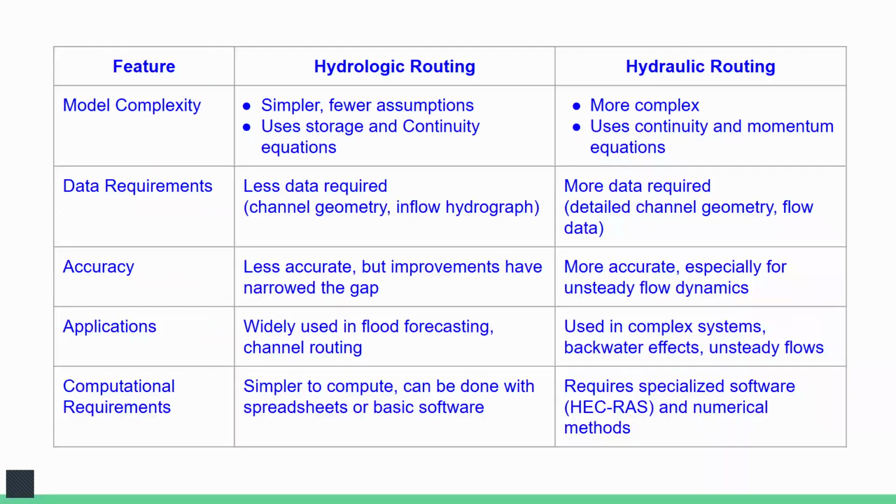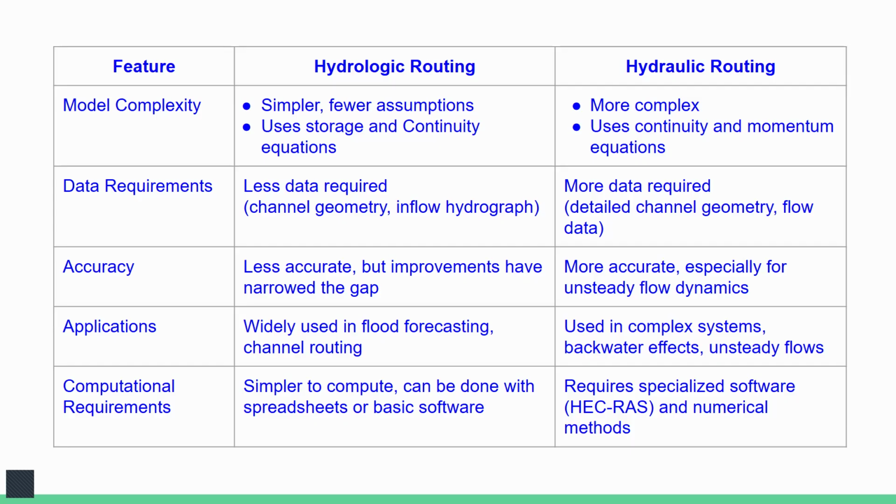Then the comparison between hydrologic routing and hydraulic routing. In terms of model complexity, hydrologic routing is simpler, with fewer assumptions, and uses storage and continuity equations, while on the other hand, hydraulic routing is more complex and uses continuity and momentum equations.